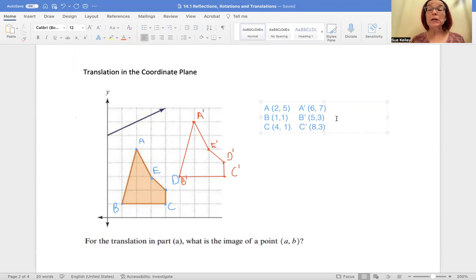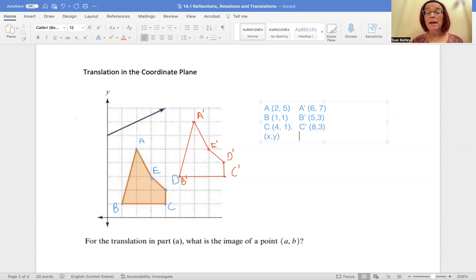If we start with any number for A and any number for B, you can say X and Y, because that's really how we're moving. We're moving X and we're moving Y on our coordinate plane.